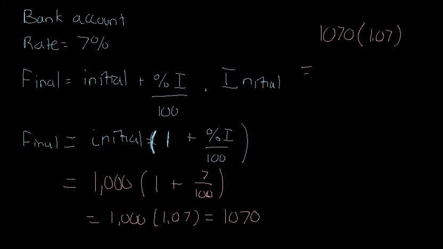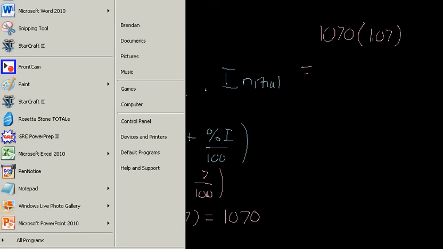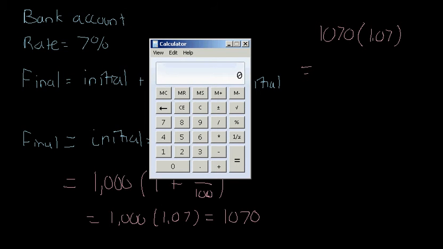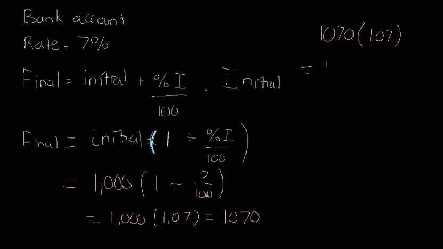We go ahead and do this, and 1,070 times 1.07 gives me $1,144.90. And I can keep doing this. I can increase it by 7% again, so I would just take this value and multiply it by 1.07.